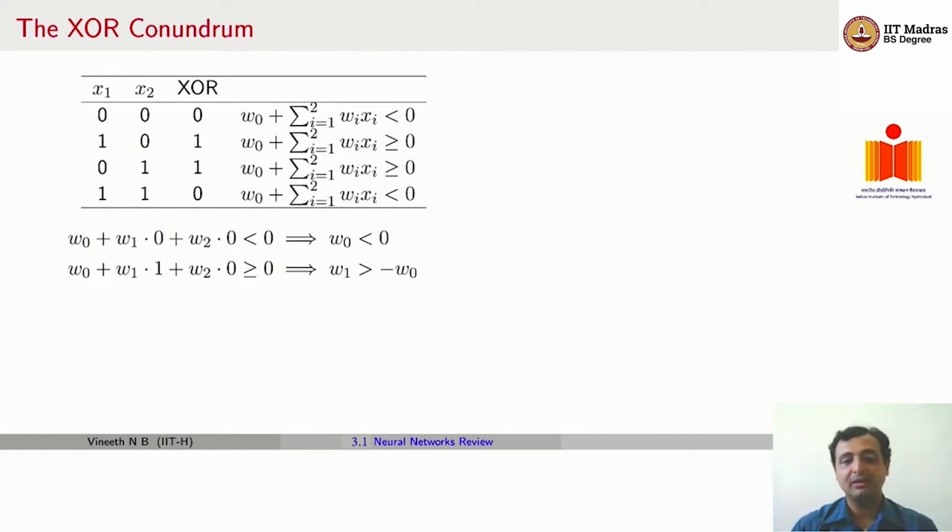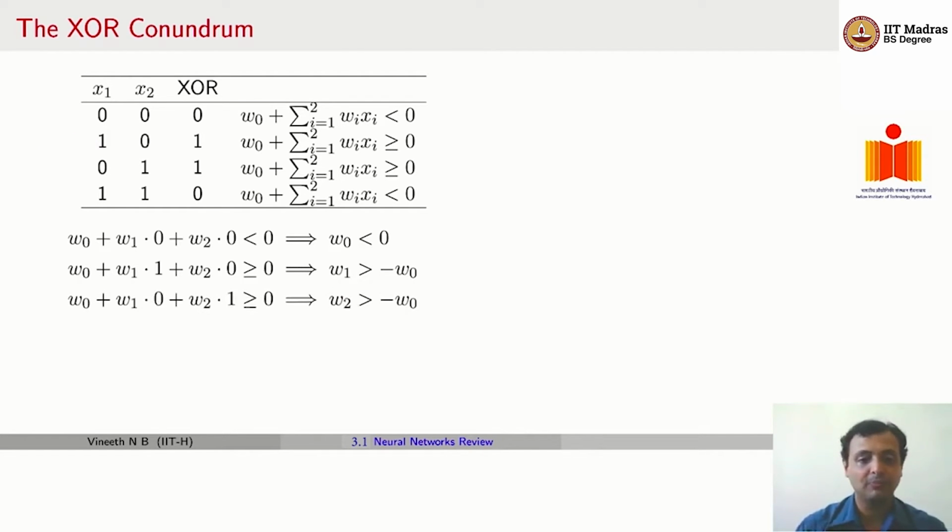Similarly, from the second line of the truth table, you have W0 plus W1 times 1 plus W2 times 0, which are the inputs in the second line. We want that to be greater than or equal to 0, which means W1 is greater than minus W0.